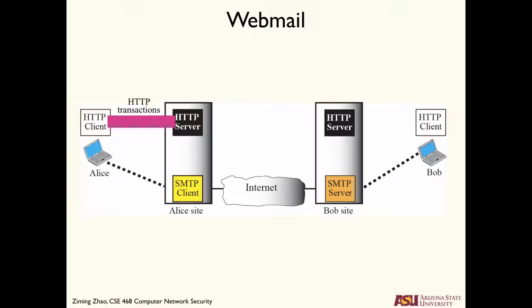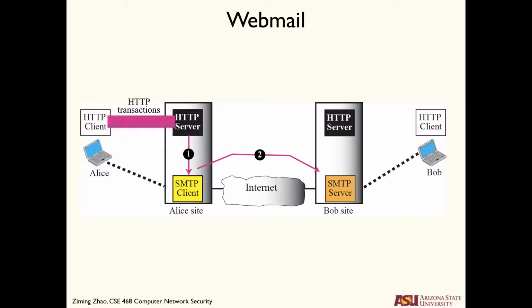And that HTTP server has some trusted channel with Alice's mail server, and then there is a module called SMTP client, and that module will send Alice's email to Bob's mail server through the internet, using SMTP.